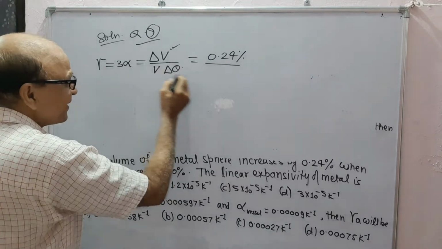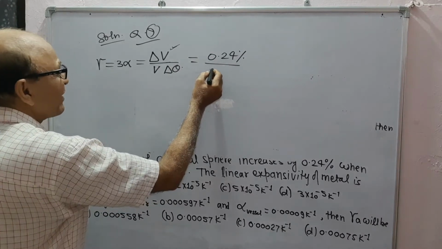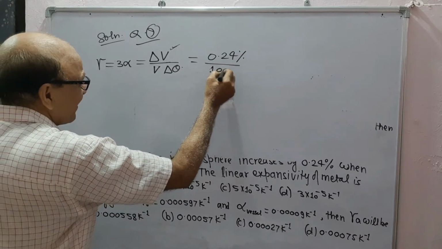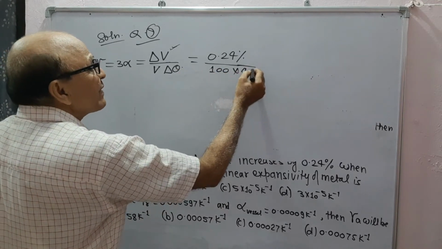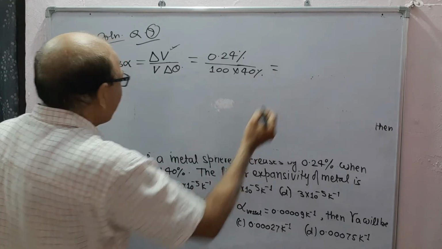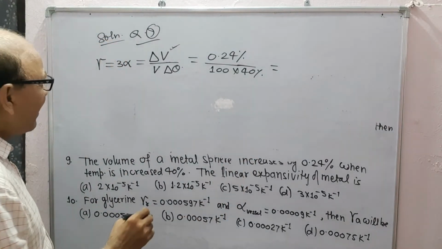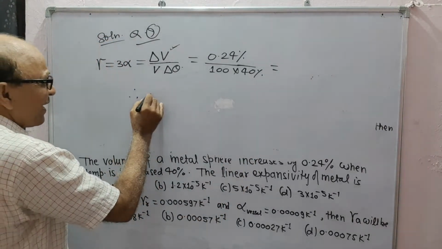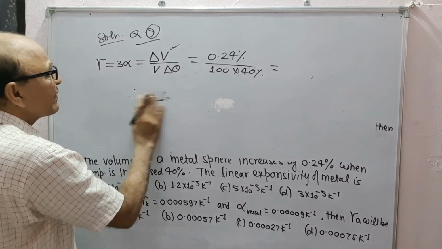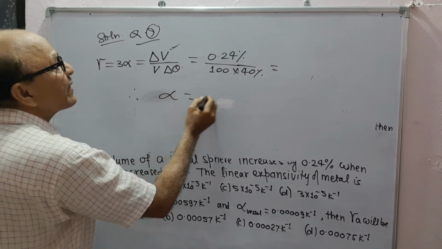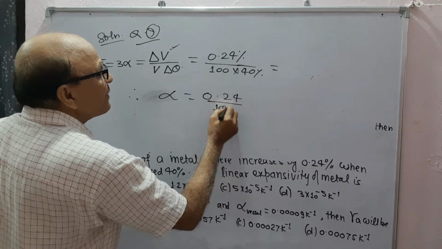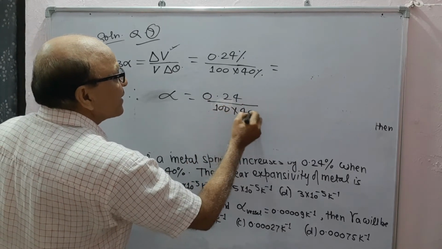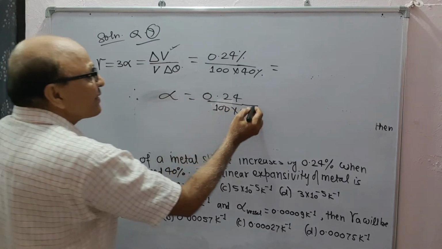Suppose V is 100, initial volume is 100, and temperature change is 40. Therefore, alpha will be equal to 0.24 upon 100 into 40 upon 3.